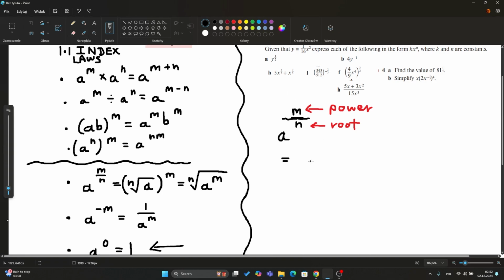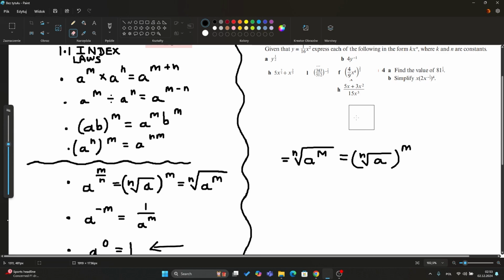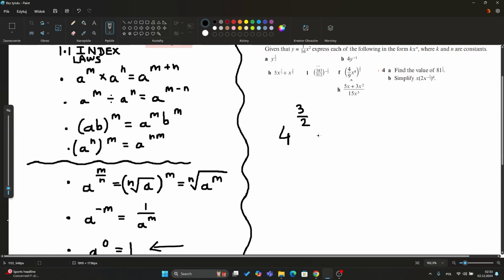But now we can power it and square root it, n root it, whatever the n is, or we could square root it first or n root it first and then power it by m. So it doesn't matter which order you do it in, you power by m and you root by n. So for example, let's do a better number like 4 to the power of 3 over 2.